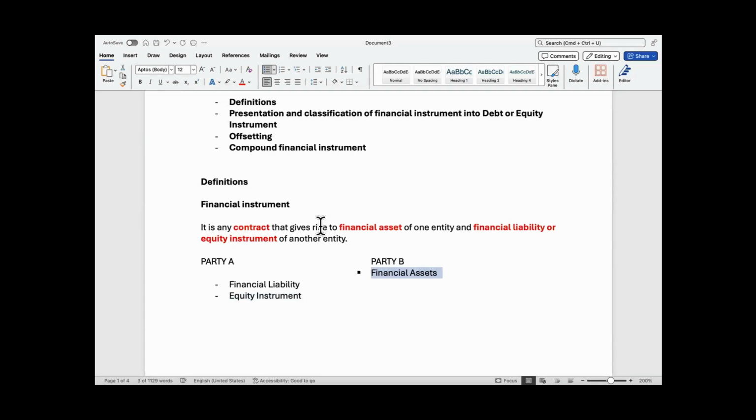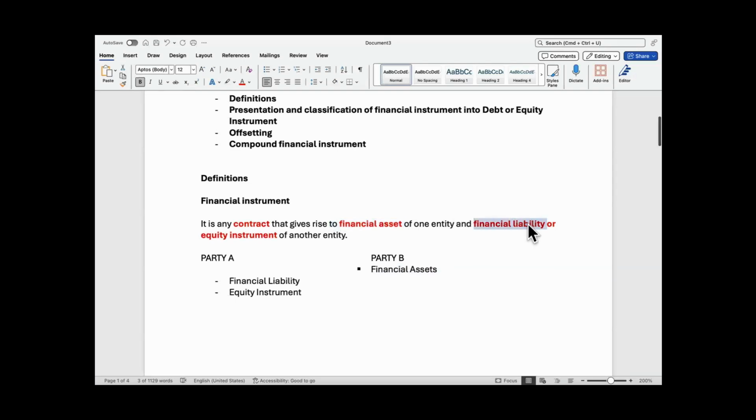Of course, there is a contract. That instrument they issue is a contract. And this contract gives rise to financial assets of one entity, the person giving money, and financial liability or equity instrument of another entity.